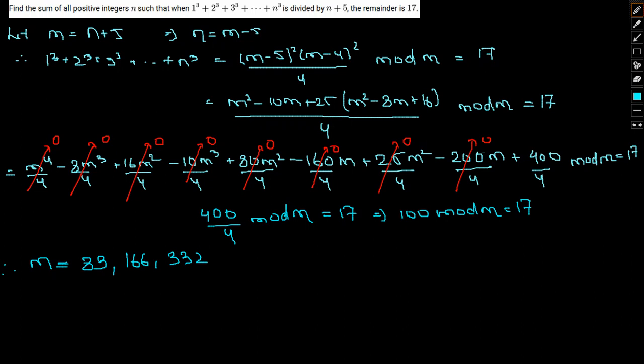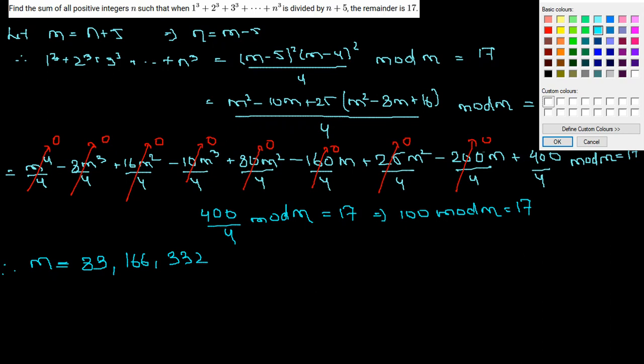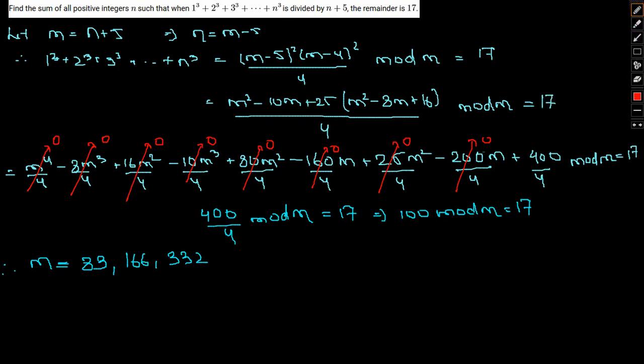And when we do that, we see that for this value the condition is satisfied, this value satisfies the condition, but from 332 onwards, the multiple of 83, the value isn't satisfying the equation itself.